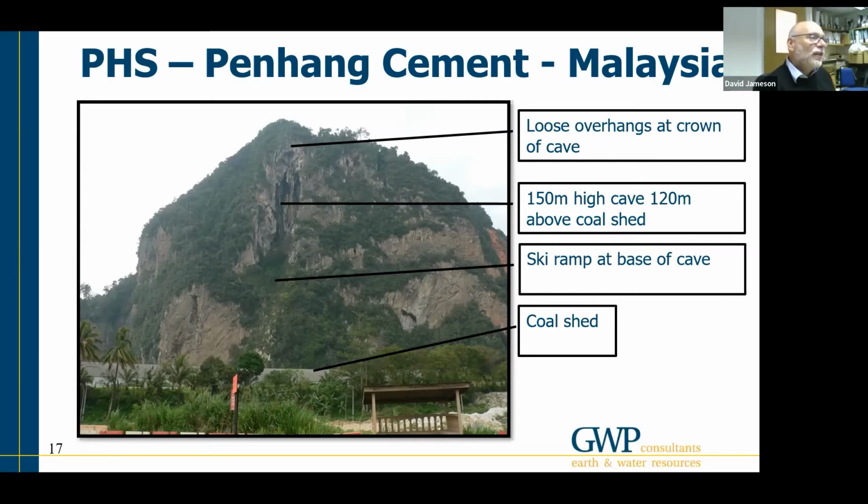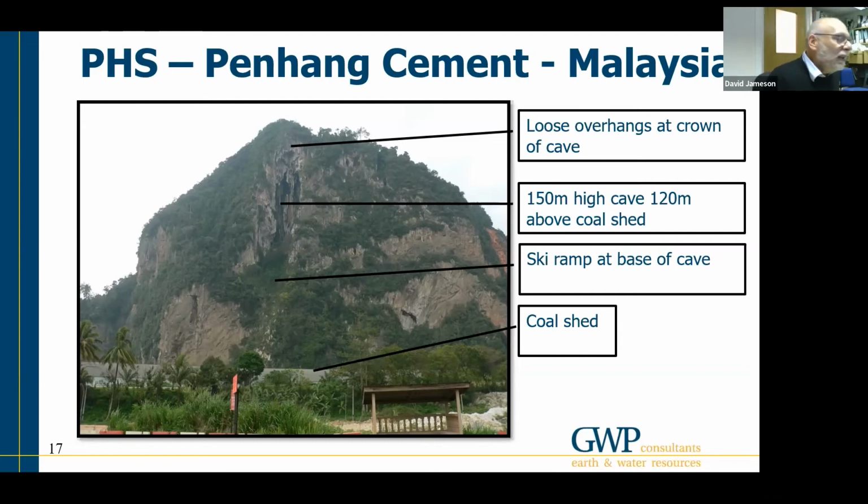And below the cave there's a large ski ramp type feature, which if any material was to fall from the head wall or the crown of that cave, it would impact onto the slope at the bottom and then spill rather dramatically and fly out onto the slope below.